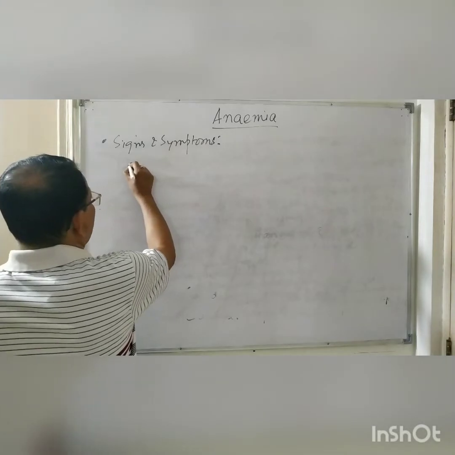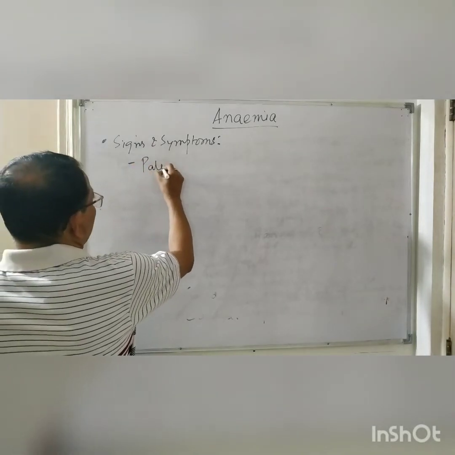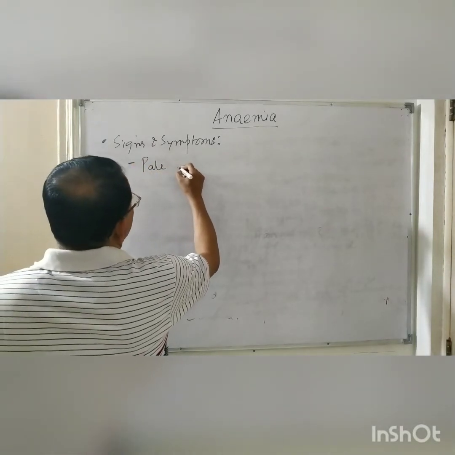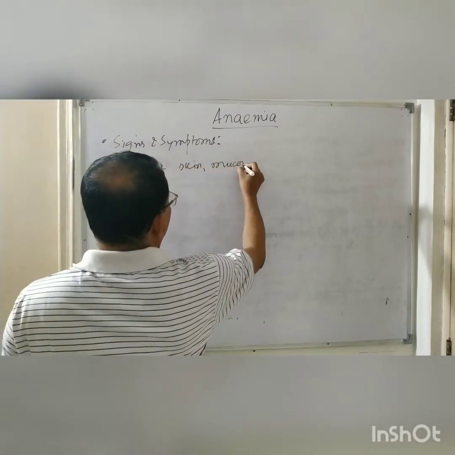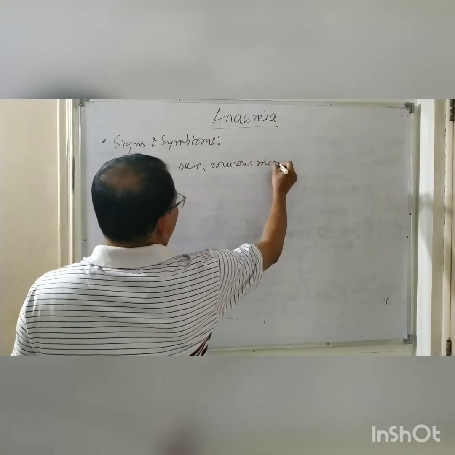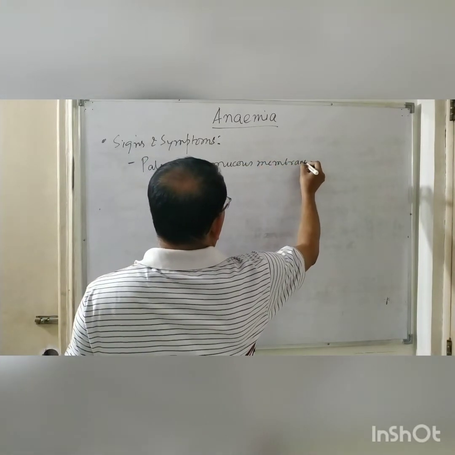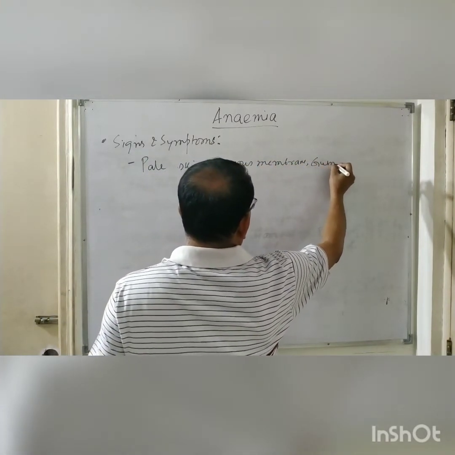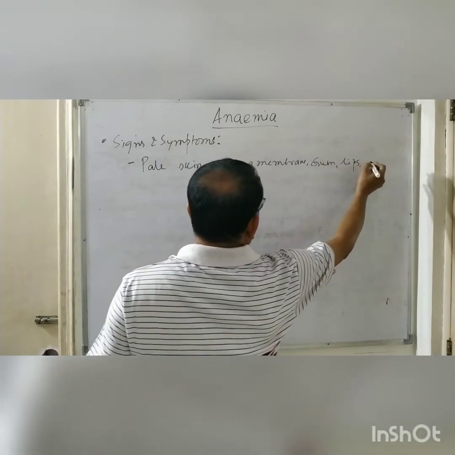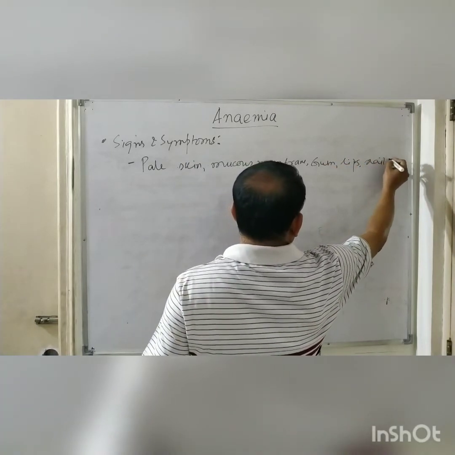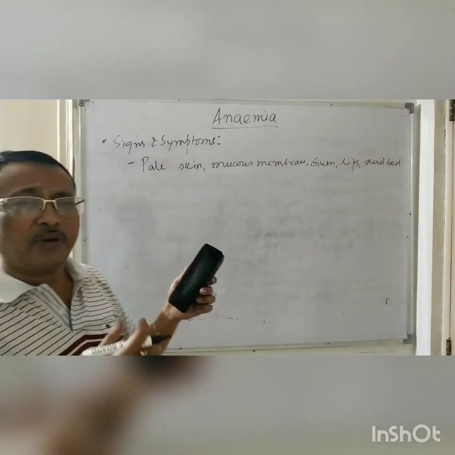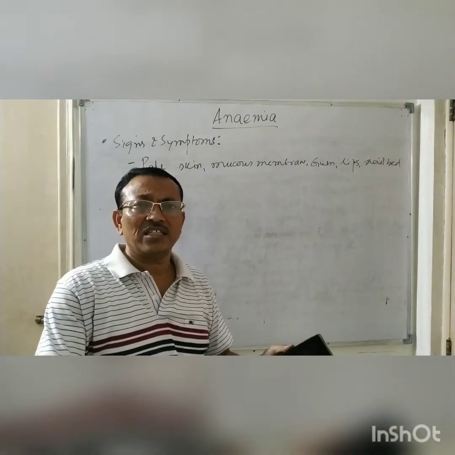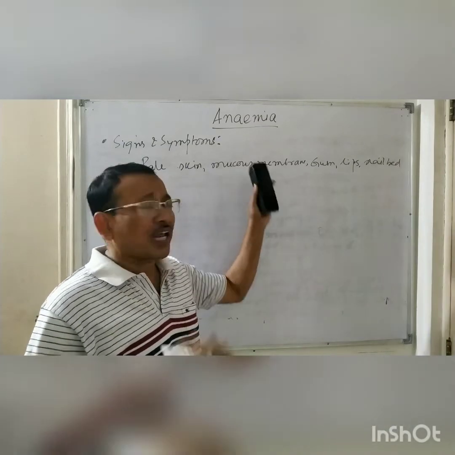First one is very pale skin, mucous membrane, gum, lips, nail bed. So there will be very pale colored skin, and very pale colored mucous membrane.